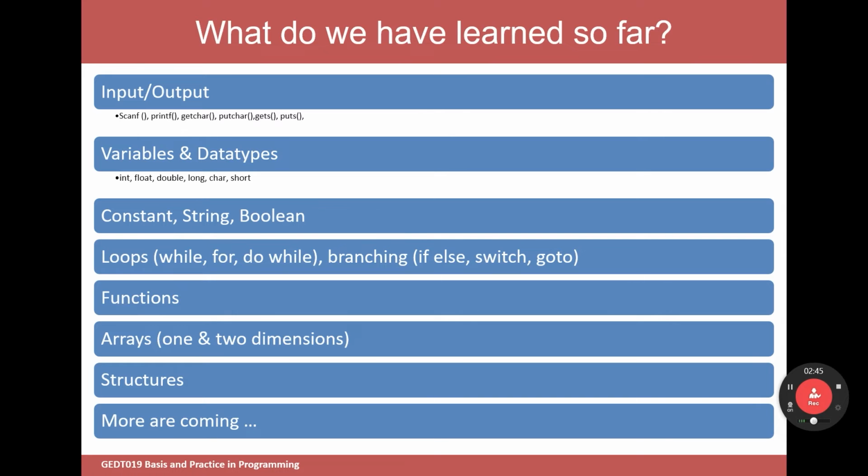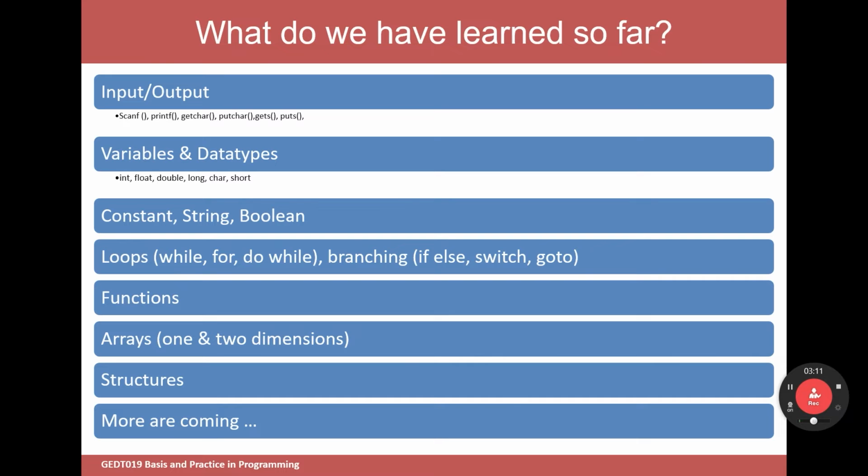We also learned arrays of two dimensions, which are very similar to a table. There are many rows, like rows in a table, and you can save a table of data in one single variable. We call it a two-dimension array.